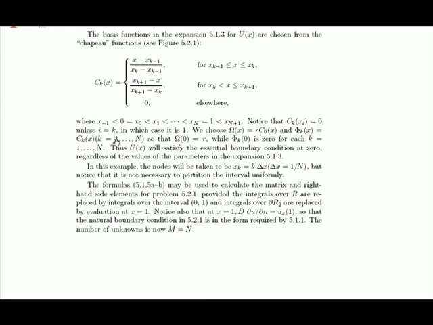Notice it does not include k equals 0, which c0 is the only one which is not 0 at x equals 0, so all the phi k do satisfy phi k of 0 equals 0, whereas omega of 0 equals r. Therefore, if U is omega plus a linear combination of the phi k, then U will be equal to R on the essential boundary, and that essential boundary condition is satisfied automatically no matter what the AKs are.